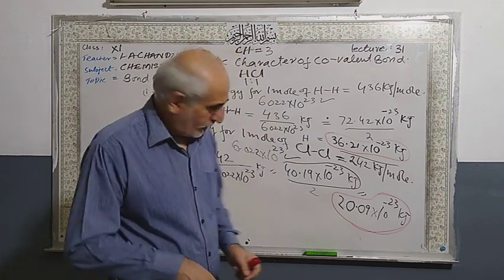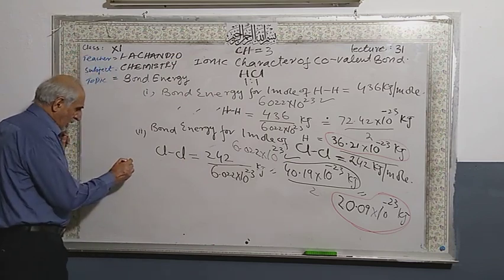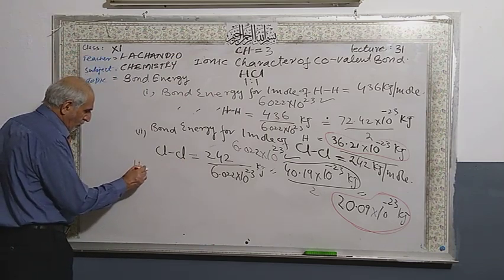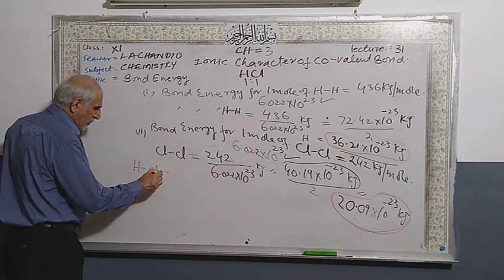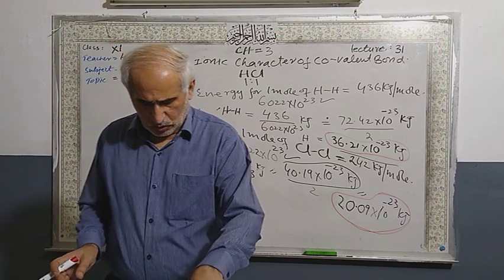Now you have the values for hydrogen and chlorine. Means you have to add these two values.